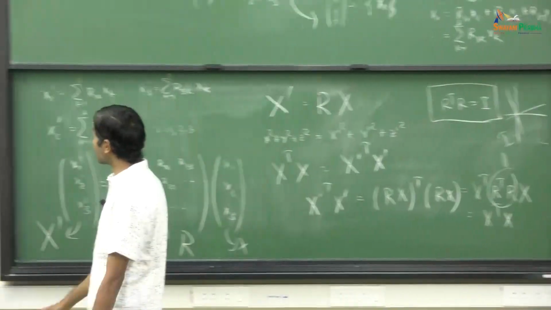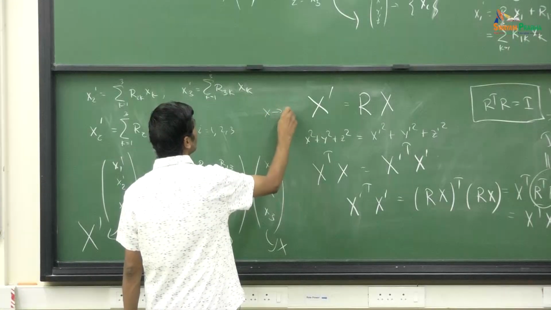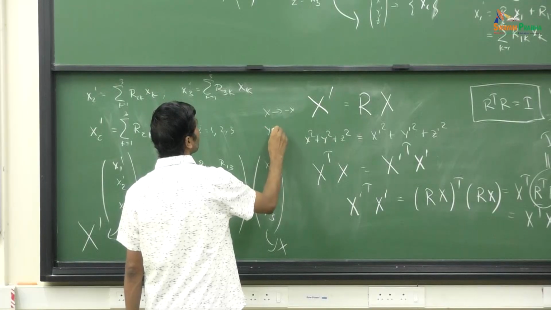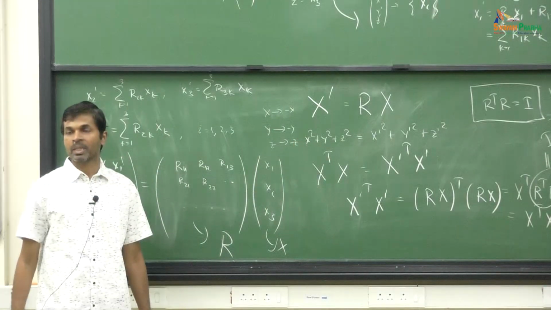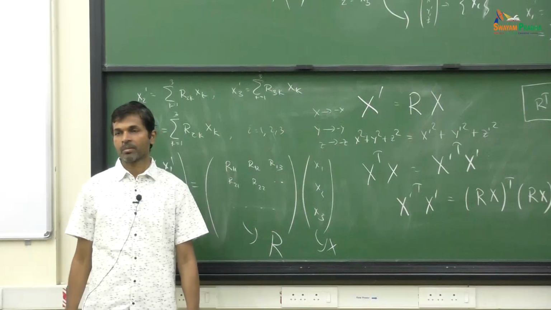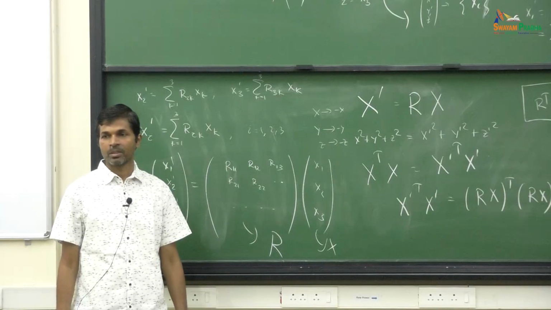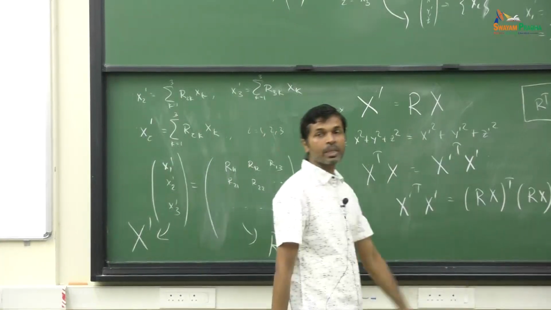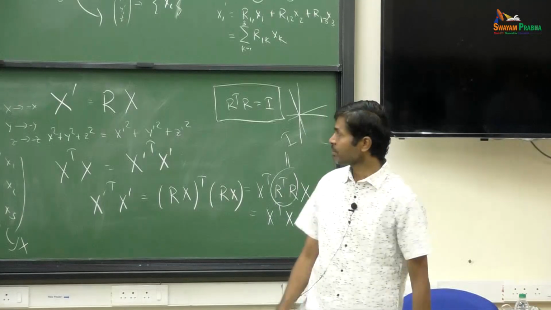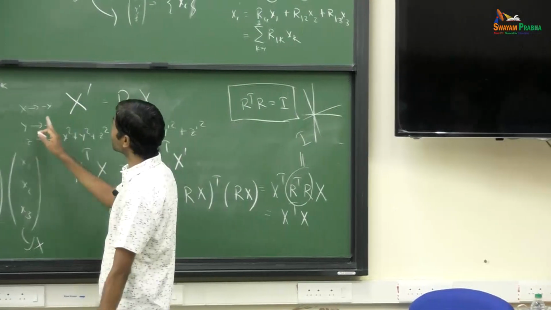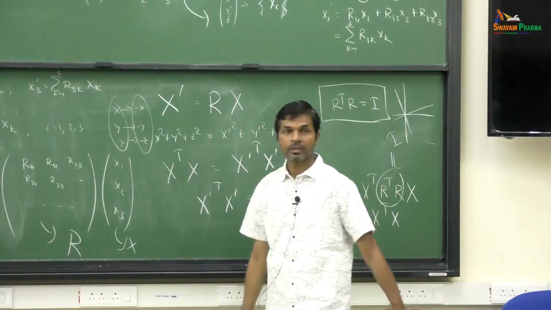There are three ways you can reflect. You can change x to minus x, or y to minus y, or z to minus z. But they are not independent; they will all be related to one another by rotations. So rotations and reflections are basically the orthogonal transformations. There is nothing else. But there is a main difference between reflection and rotation.